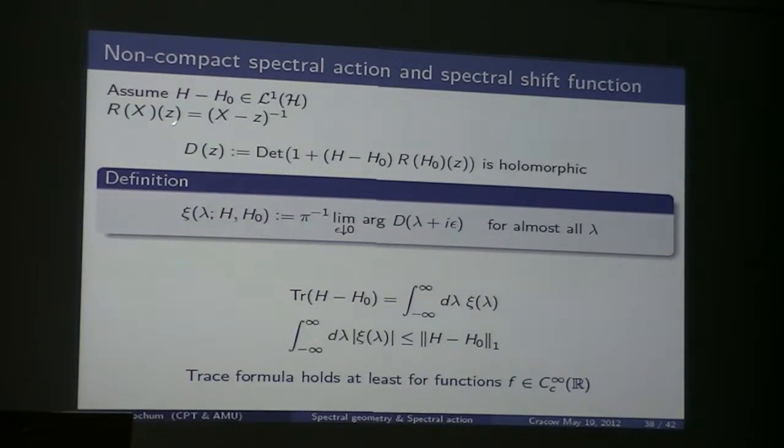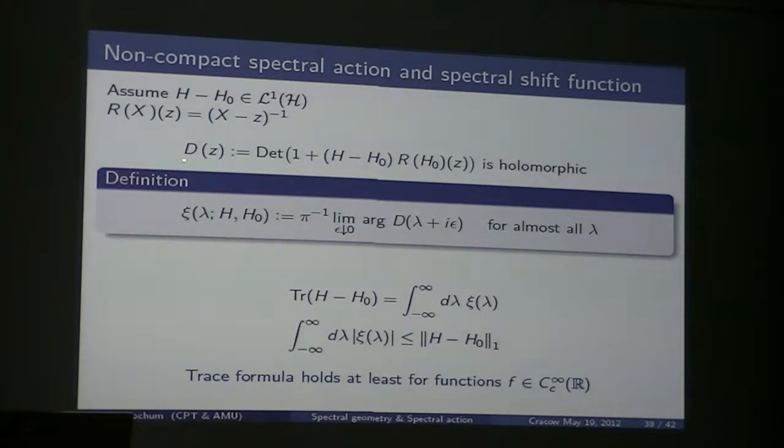So you gain something. It's time for the precise definition of psi. First you assume that the difference of H and H naught is trace class. You take the resolvent and you define the difference between the resolvents. You add 1. Since it's trace class, you define the determinant of 1 plus a trace class operator, and this makes sense. This is just the infinite product of all the eigenvalues.